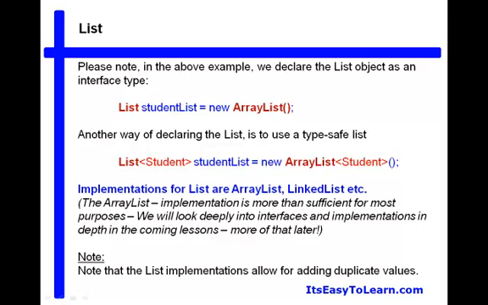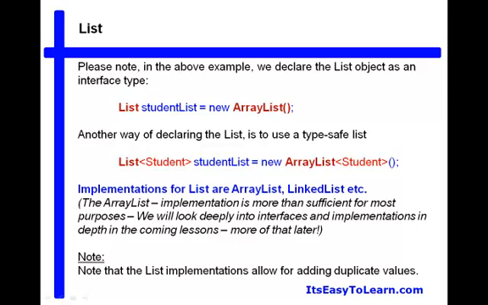Now, Java has another way of declaring a list called a type safe list. We could also say List angular bracket Student list equal to new ArrayList of Student. The Student is given within angular brackets and is the class. Now, if we declare it in this fashion, student list becomes a type safe list.